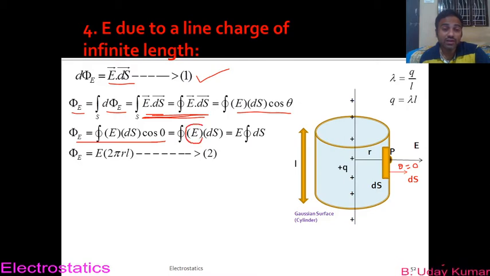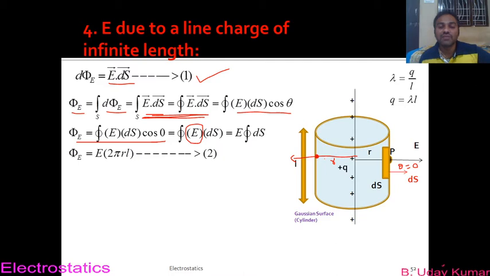Is that clear? You know why we can take it out? If you observe this diagram, point P is present at a distance of r, right? And the electric field intensity at point P is E only. But if the same point P is taken on this side, even this point will be present at a distance of r, but its direction will be towards the left.